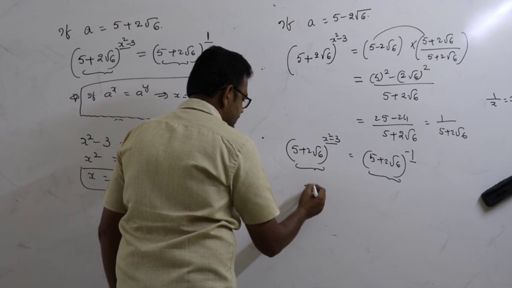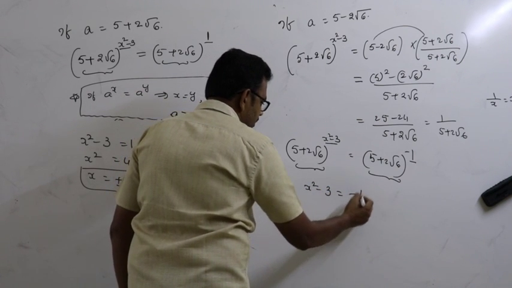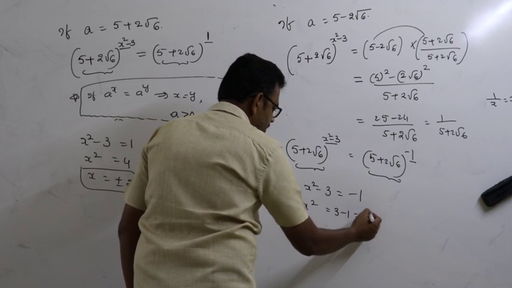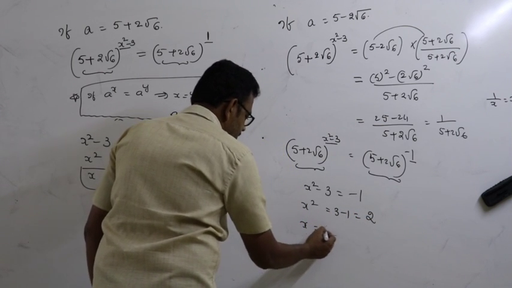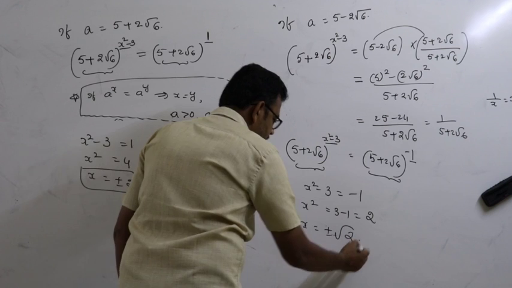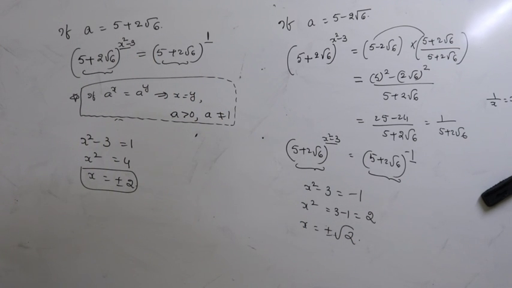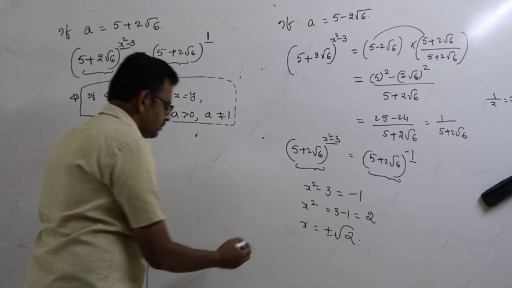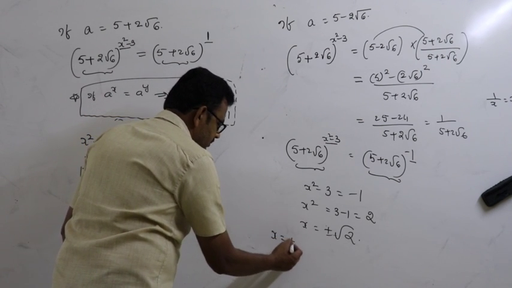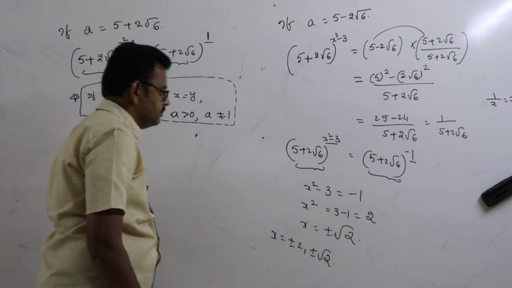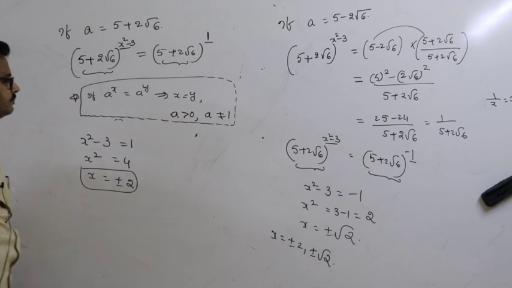So x square minus 3 equal to minus 1, x square equal to 3 minus 1, that is 2, x is equal to plus or minus root 2. Therefore, the solution is x equal to plus or minus 2, comma, plus or minus root 2. Note down.